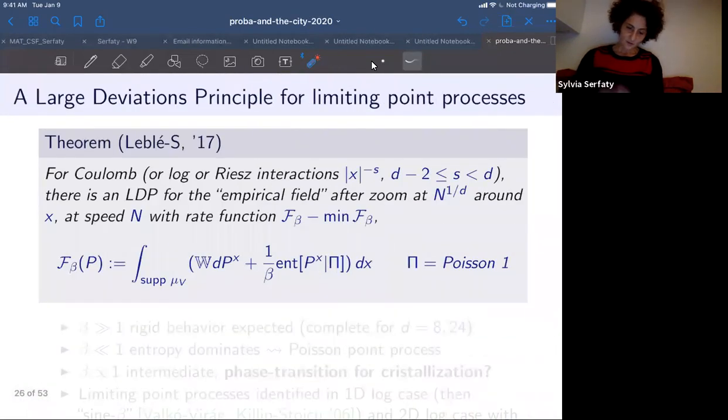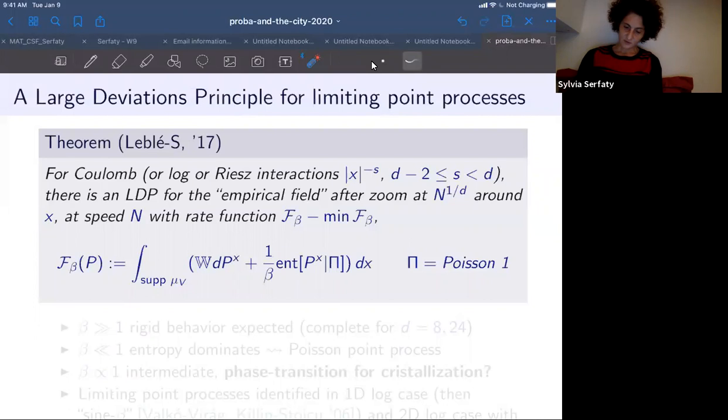And so the result we had obtained with Thomas Leblé works for Coulomb, but also for these log interactions in 1D that are quite well studied, and even for Riesz interactions. It shows that there is an LDP for the empirical field when you look at these point processes obtained after zooming around a moving point X. The LDP is at speed n, and the rate function is this one.